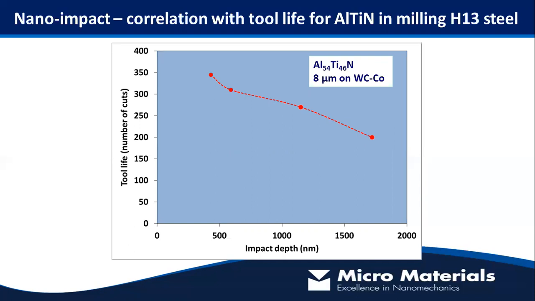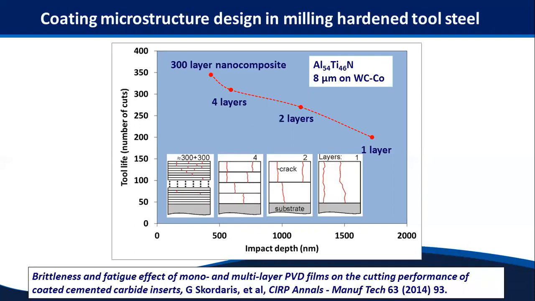These were all chemically the same, but the deposition was altered to create different amounts of interfaces in the coating system. With a single layer deposition, essentially there's nothing stopping through thickness cracking through the system, and this is more susceptible to fracture. As you put more and more interfaces into that system, you enhance the fracture resistance, so there are additional routes for energy dissipation.